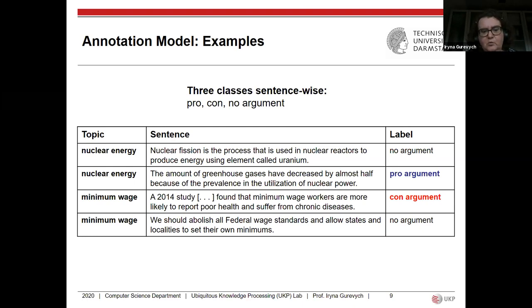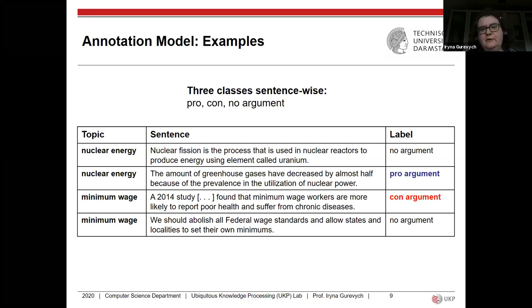Then we have another topic of minimum wage, and the sentence is: a study found that minimum wage workers are more likely to report poor health and suffer from chronic diseases. Here, the sentence talks about negative consequences of the minimum wage. This is why this is a con argument. And finally, the last sentence is: we should abolish all federal wage standards and allow states and localities to set their own minimums.